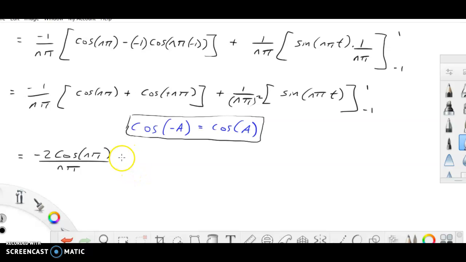and then I can look at my second part here, 1 over n pi squared. Now applying the limits, I'm going to have sine n pi minus sine, and that's going to be a minus there, so you're going to have n pi with a minus 1, so it's going to be minus n pi. You can throw the minus, it doesn't matter about the order of multiplication.